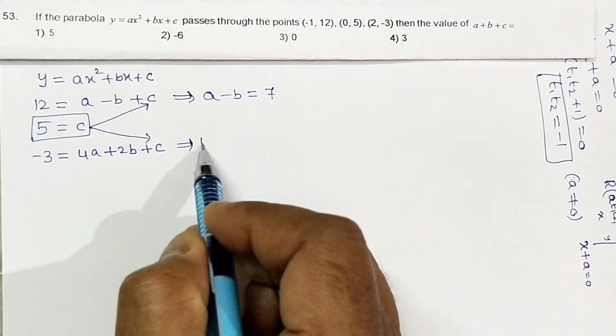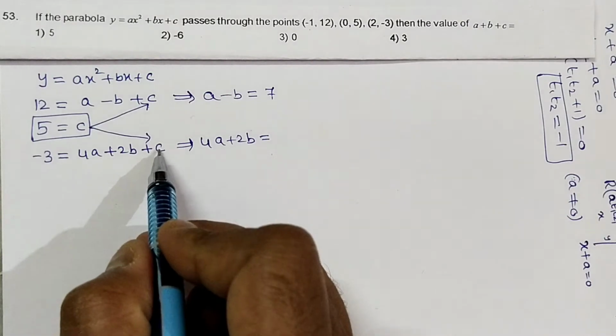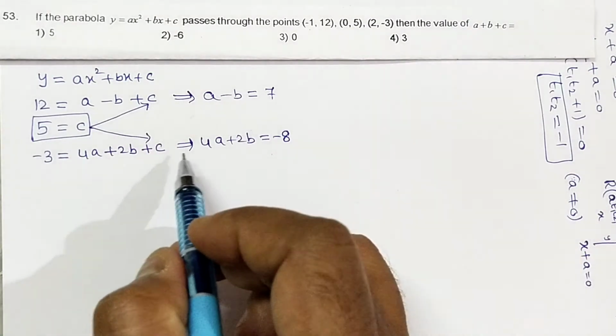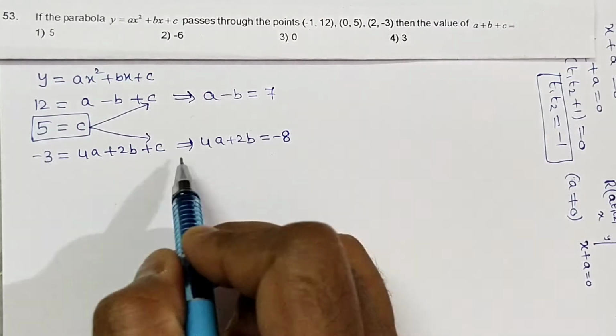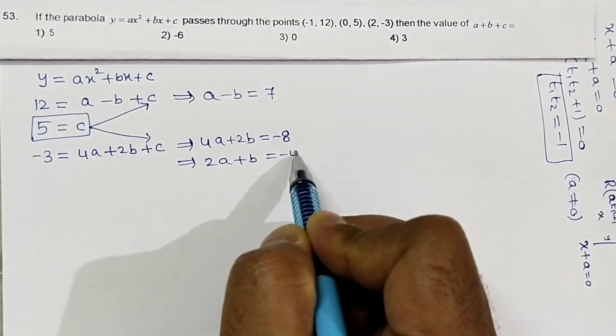That implies 4a plus 2b is equal to minus 3 minus 5, which is minus 8. All are multiples of 2, so dividing by 2, 2a plus b is equal to minus 4.